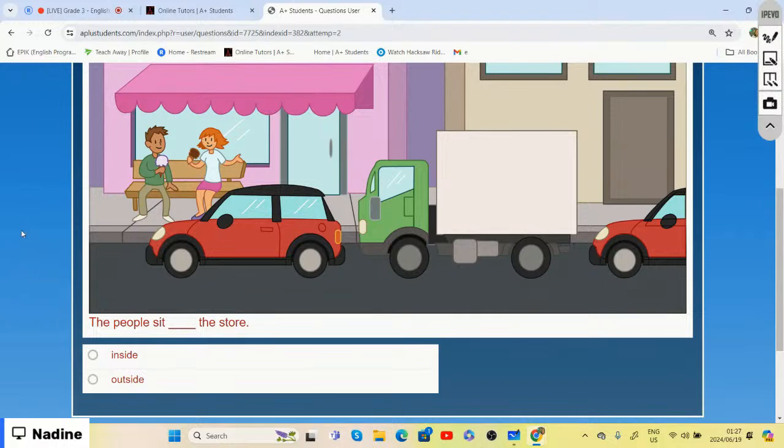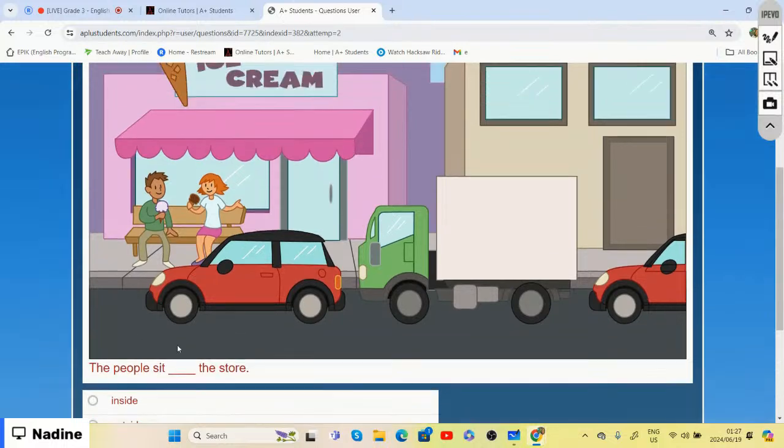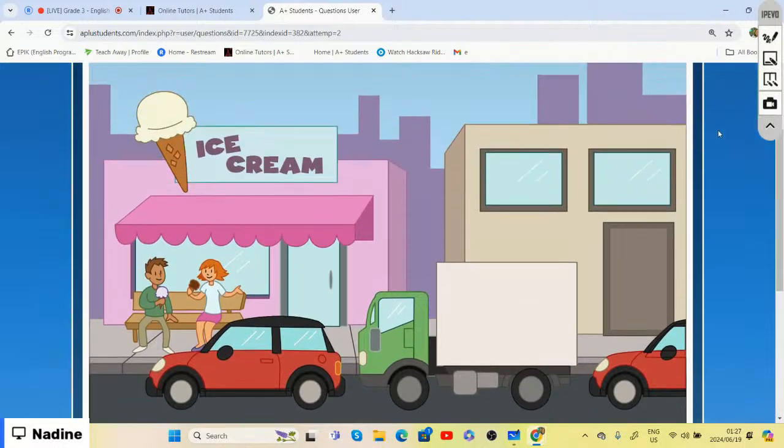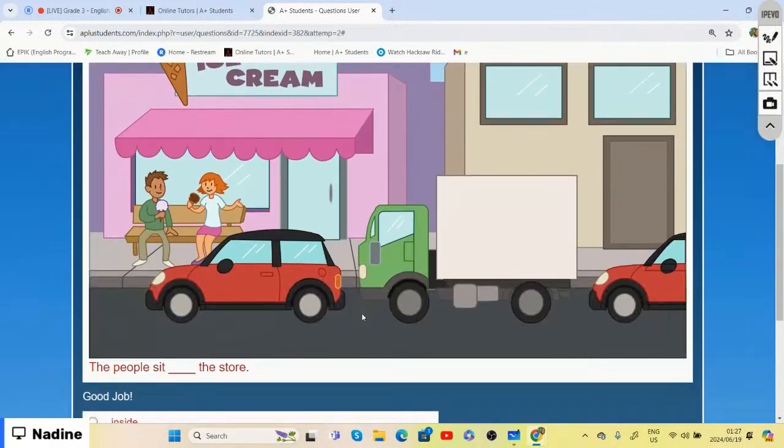All right, then if we were to choose the correct one, we can say that the people sit outside the store because they're not inside, they're outside sitting on the bench, right? So outside is correct. Well done.